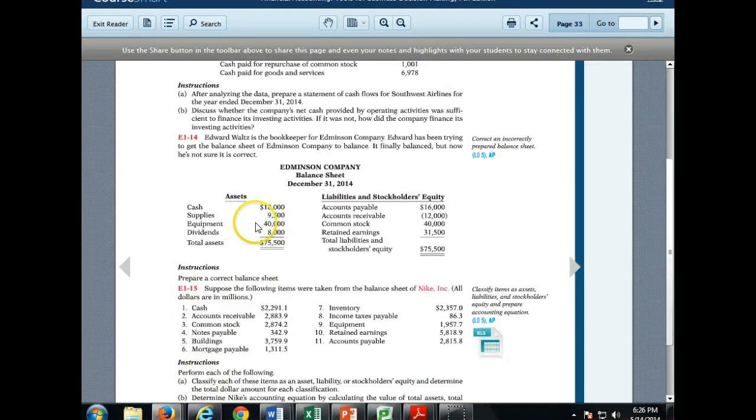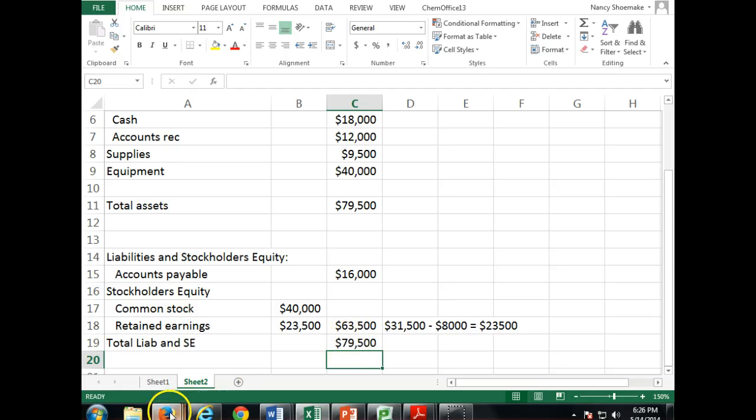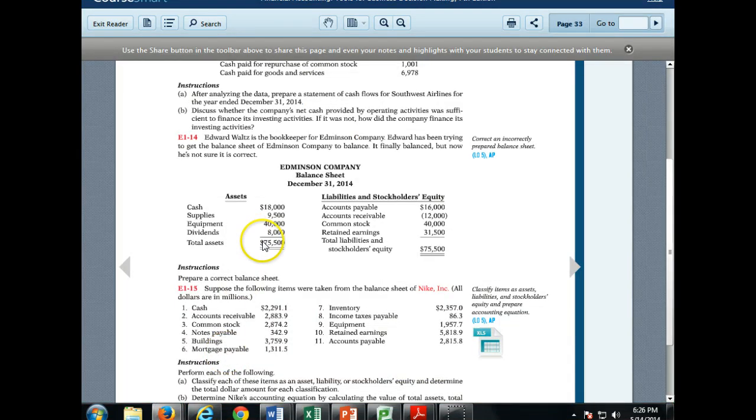So in that example in the book, he shows the assets higher than they really need to be, don't they? The assets really should be 79. The total assets aren't 79.5. What am I doing wrong? Cash of 18, accounts receivable.